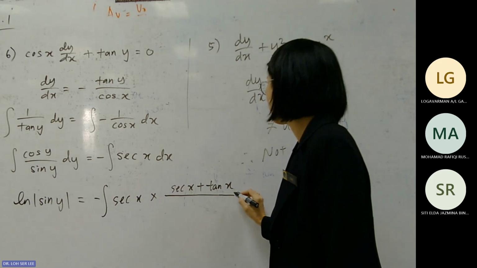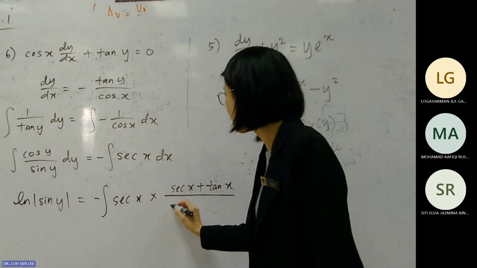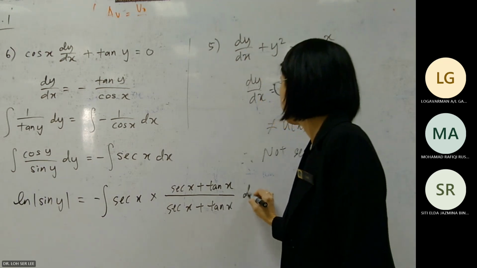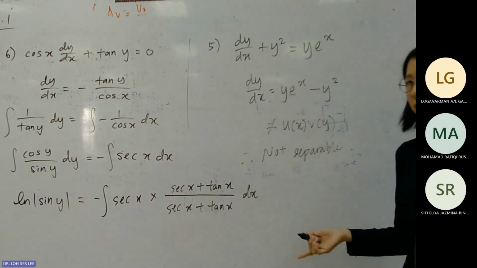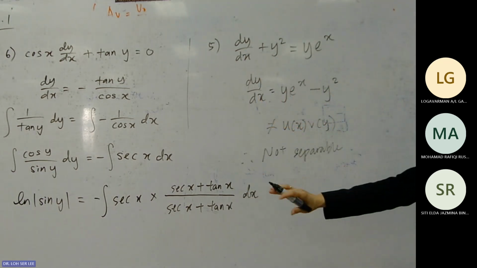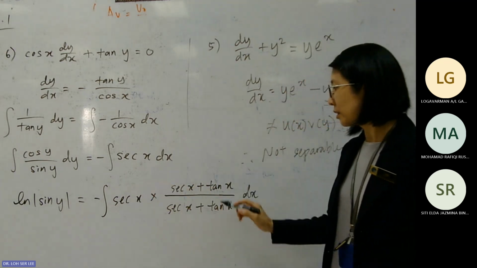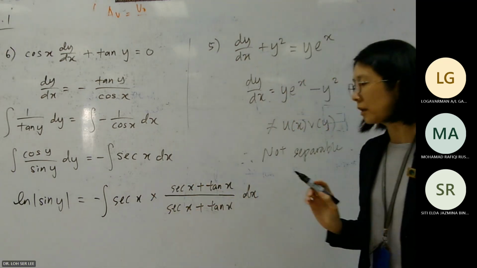This is only applicable for the integration of secant x. We do not change anything, we don't change the question. We are multiplying this function to the secant x, where this can be cancelled out.